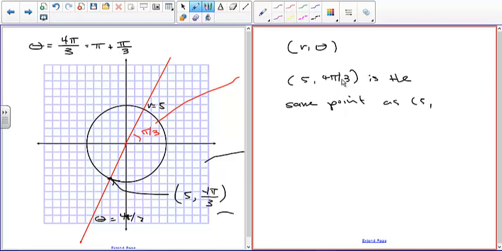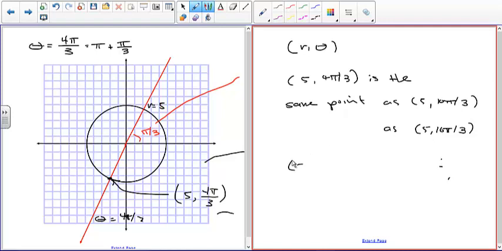You'd have 6 pi over 3 added, so it'd be 10 pi over 3. What I did is I added 2 pi to this. I changed it to 6 pi over 3 to get the equivalent of 2 pi. So 6 plus 4 would be 10. And that would also be the same as 5 comma 16 pi over 3. And you could keep doing that forever.